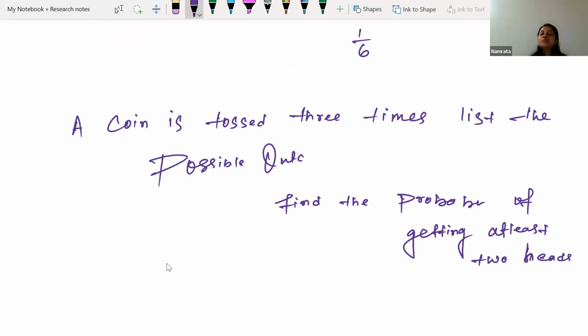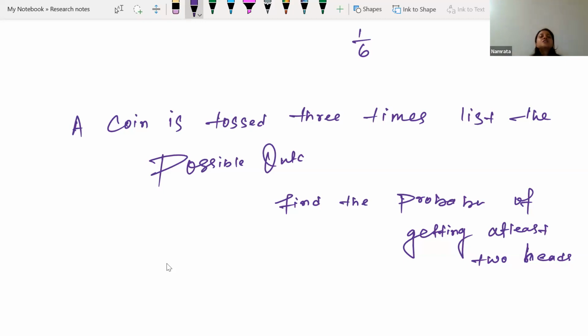Whenever you are saying you need at least 2 chocolates, that means bare minimum you need 2. If I give 2, you will accept it. If I give 3, you will accept it. If I give 4, you will accept it. But if I give 1, you will not accept it. So at least something means you can take that amount or more than that.